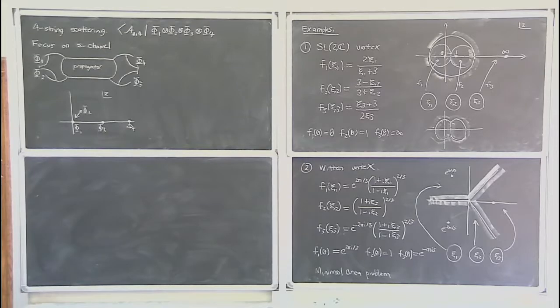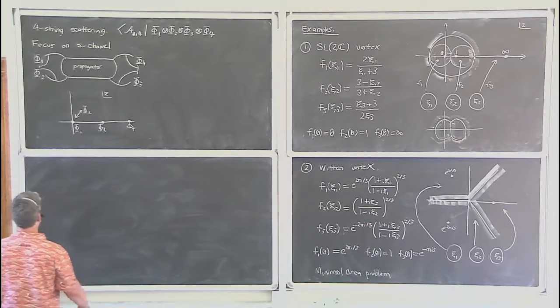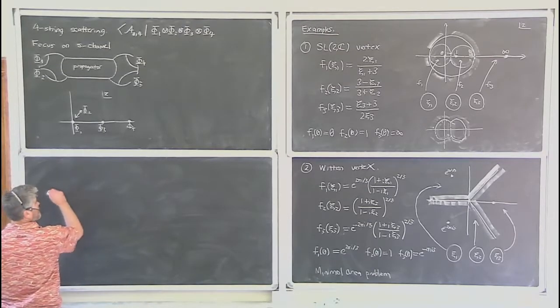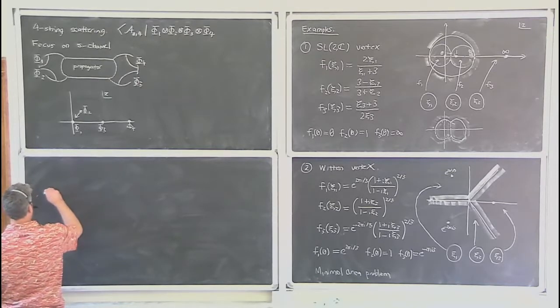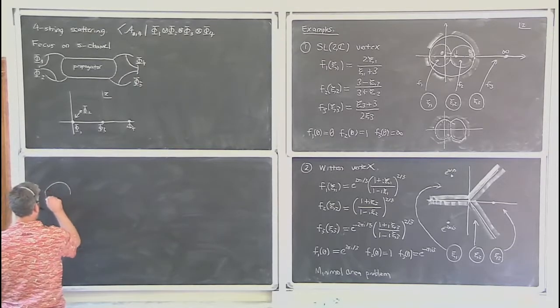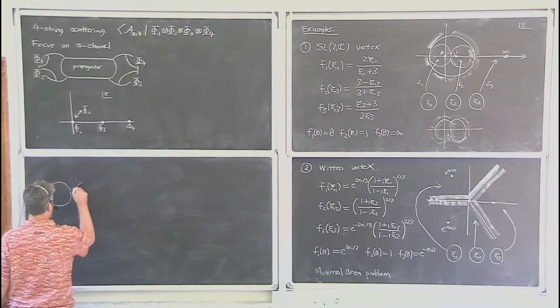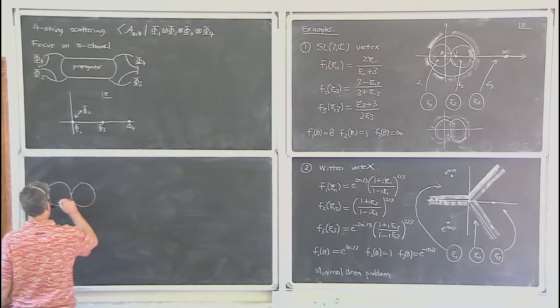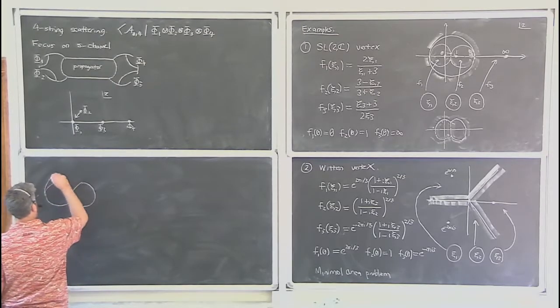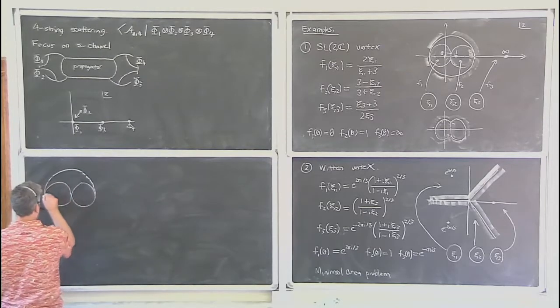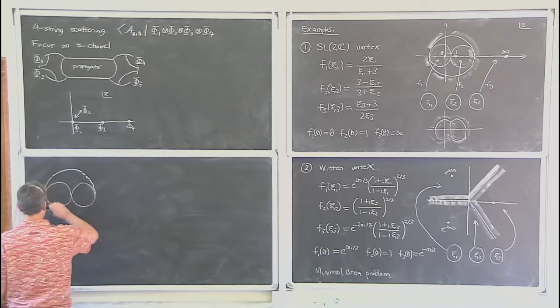So let's start with the cubic vertex, which is coupling phi 1 and phi 2 on the left here, okay? So in the complex plane, this cubic vertex is basically drawn here, but let me redraw it again. It's given by these bubbles, these circles, around 0 and 1, and another bubble around infinity.